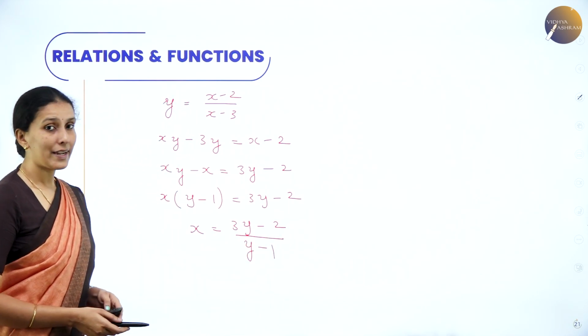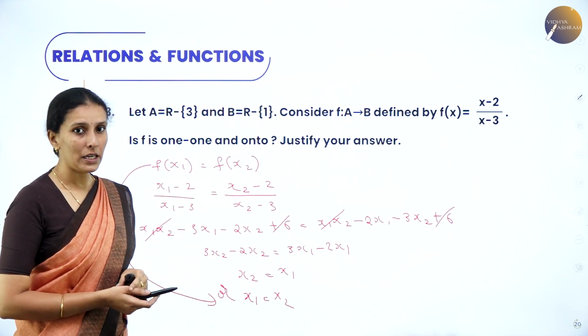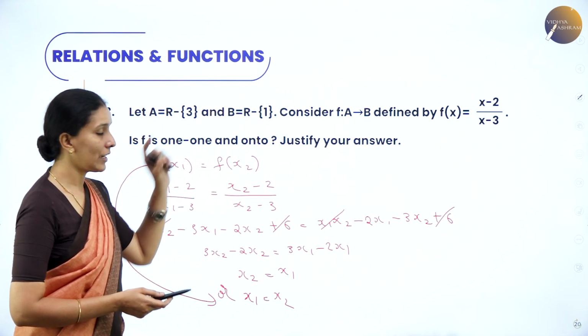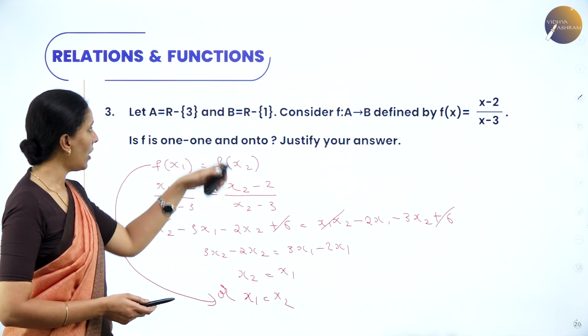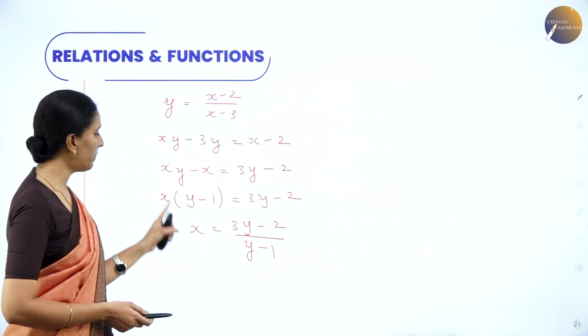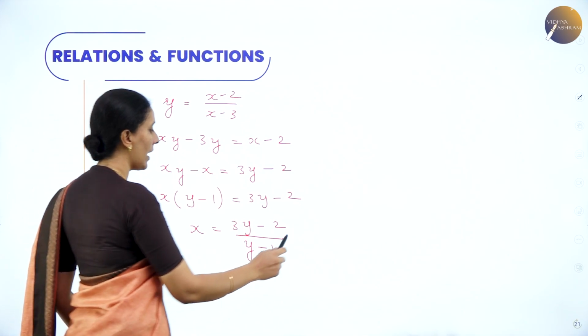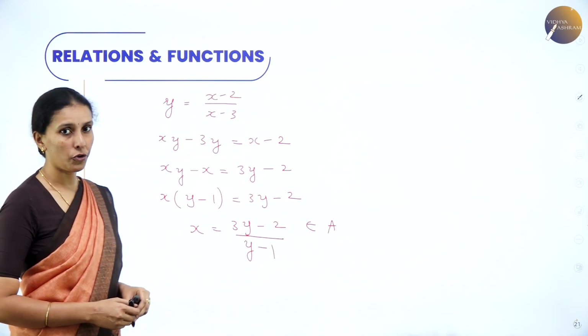So here y cannot take the value 1. Now clearly here y is in set B and it is satisfying the condition R minus 1. Also, we can see for every element in set B, clearly we have the pre-image. So therefore here x belongs to set A. So therefore it is an onto function.